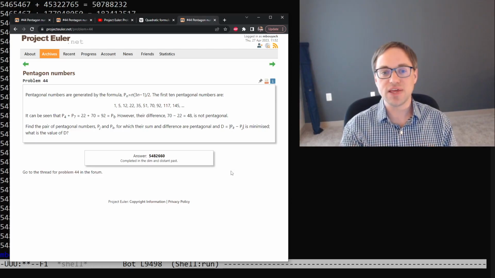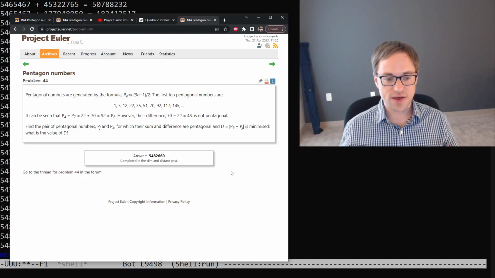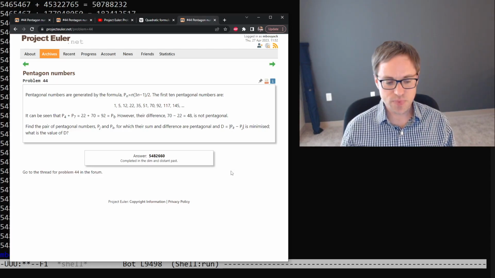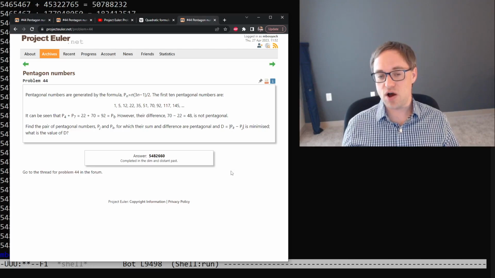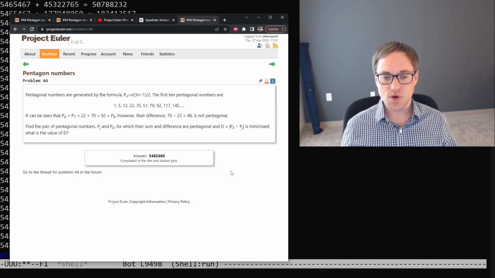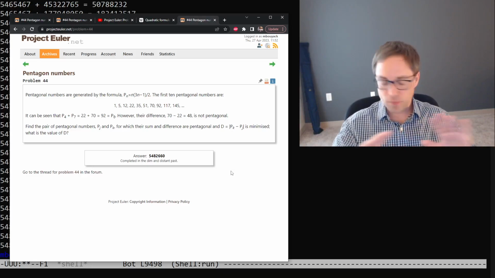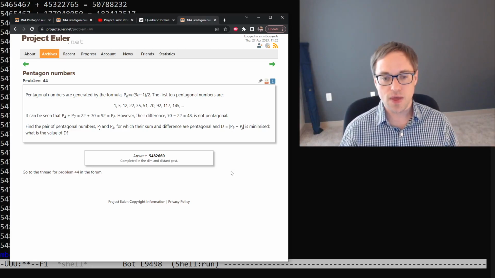And perhaps many others have done it this way also, which is if you assume that your values of d, p sub j, p sub k, etc. are reasonably sized. Suppose you assume that they are less than 100,000, or less than 1 million, or less than 10 million, and search for solutions with values less than that upper bound. It's an arbitrarily chosen upper bound.